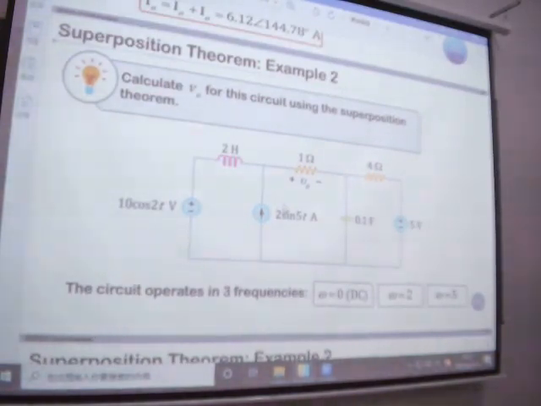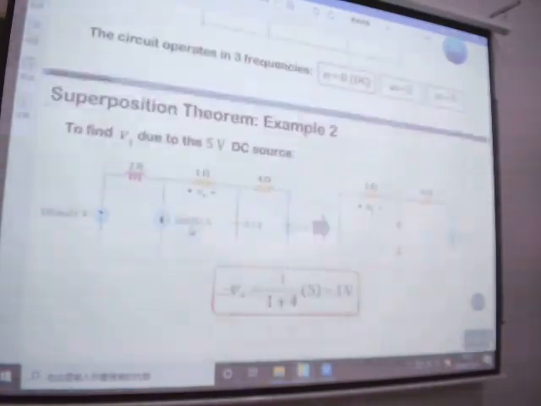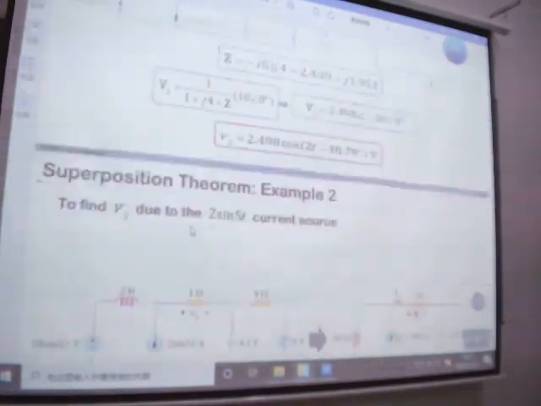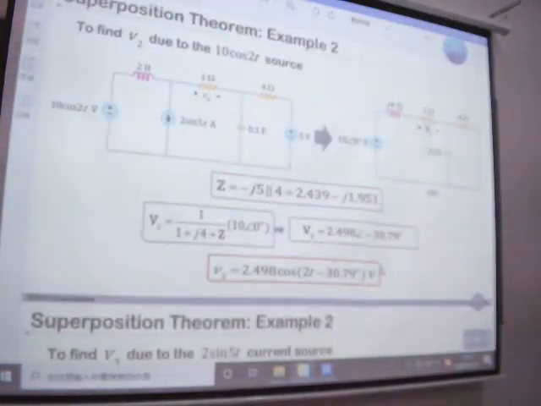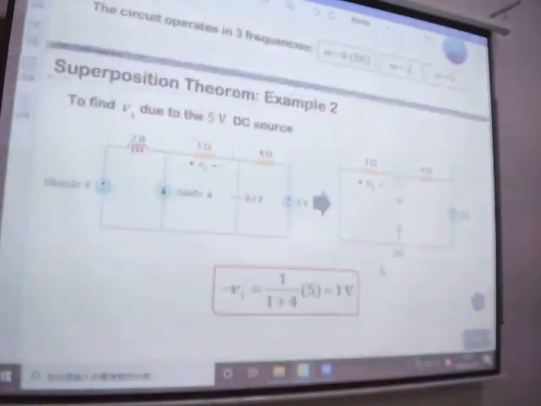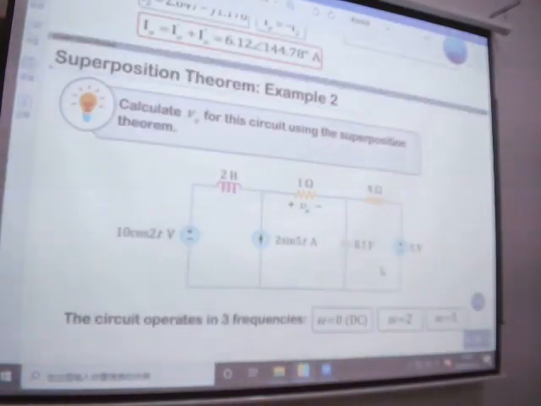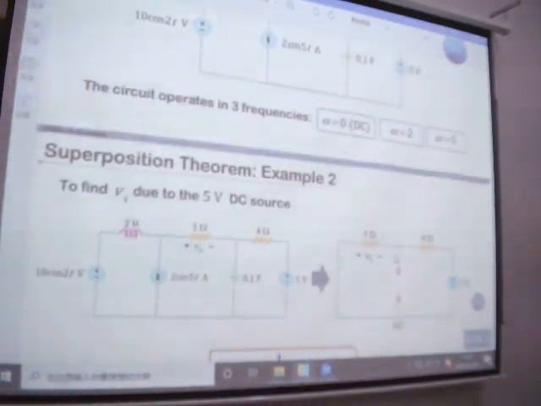If this one works alone, we need to disable the first one and the third one. This one and this one, they are all voltage sources. So we use a wire instead of them, right? Then we get, where's the figure? Let's have a look.